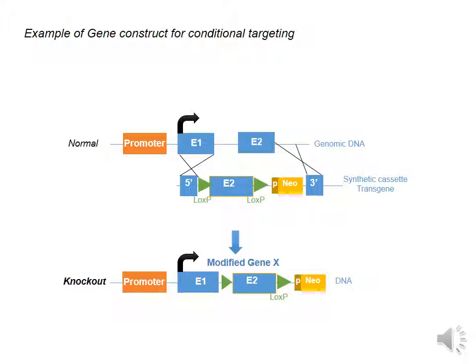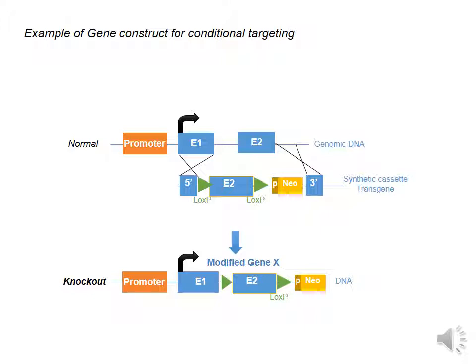In this construct, we will use the 5' homologous arm that contains exon 1 of the gene. We will also generate an exon 2 that is flanked with these LoxP sites, followed by the neo cassette to select for positive targeting.